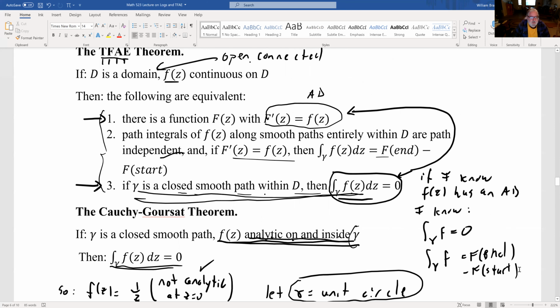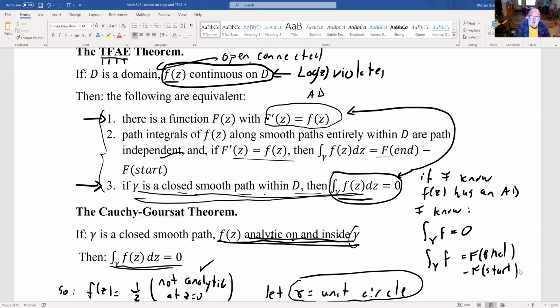Note that this condition, log of z violates that. So if you take D to be the entire plane without the origin, log of z is not continuous on that.